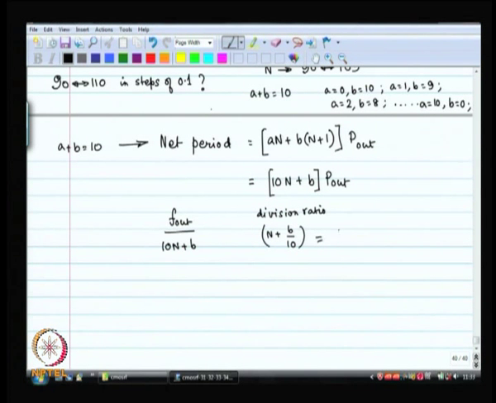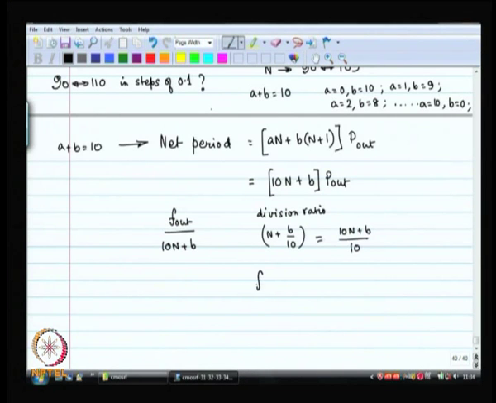That is equal to 10 times n plus b by 10. Okay. That is my division ratio, which means that the frequency f ref is equal to 10 n plus b times f out.